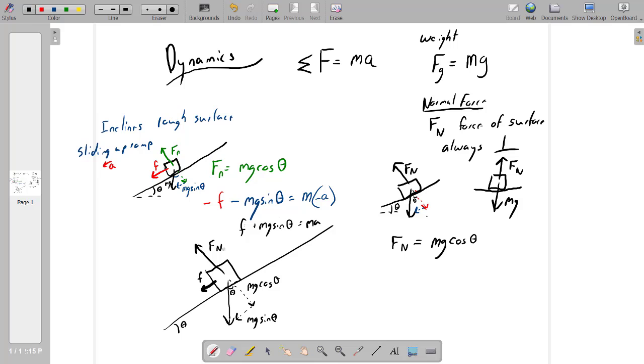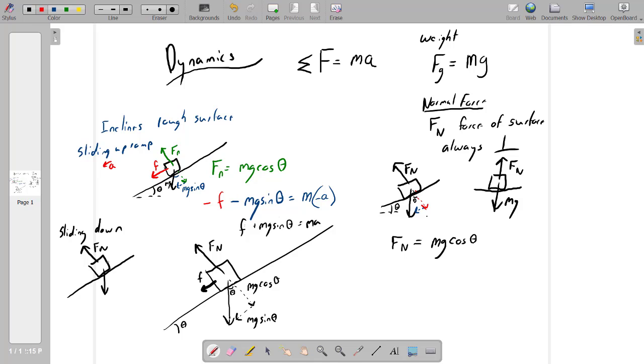Okay, this is sliding up the ramp. So now let's say we're sliding down. What if we were sliding down? Well, I would do everything the same. Let's make it a little less inclined. Except now, what direction is my friction?